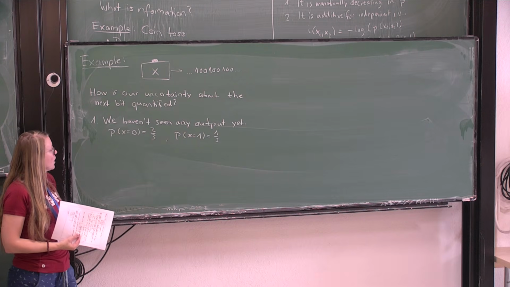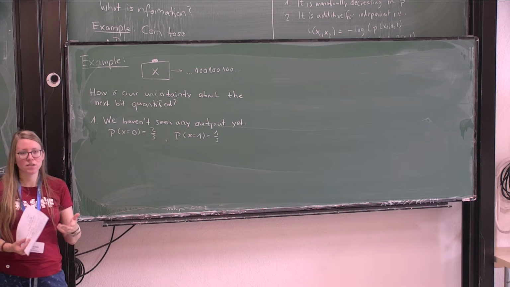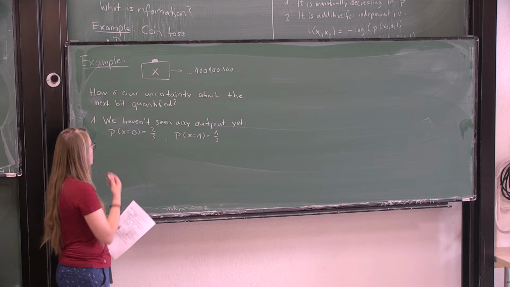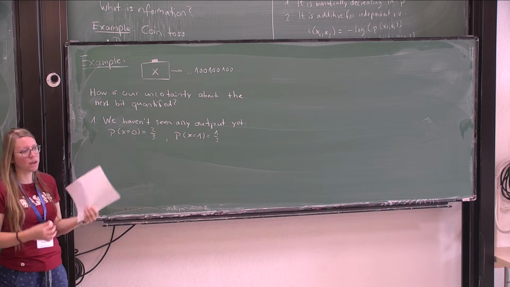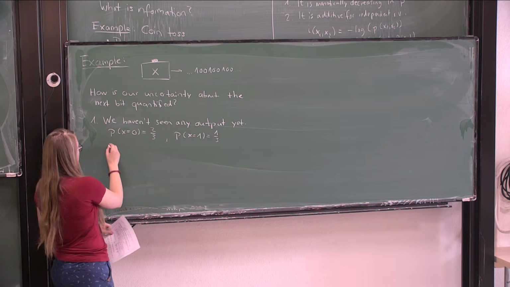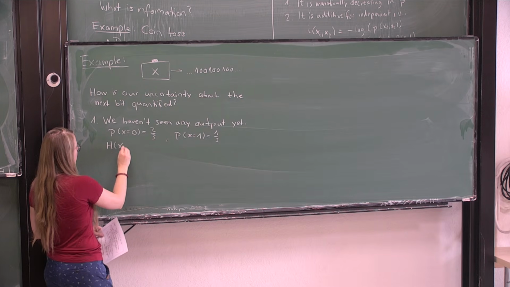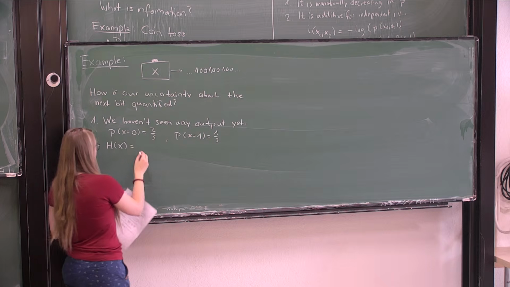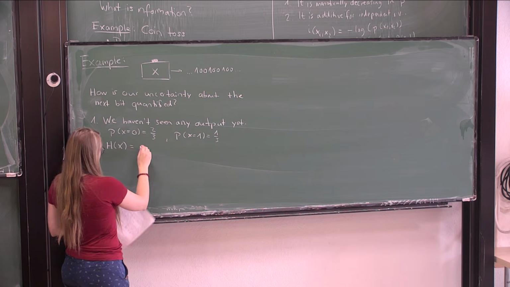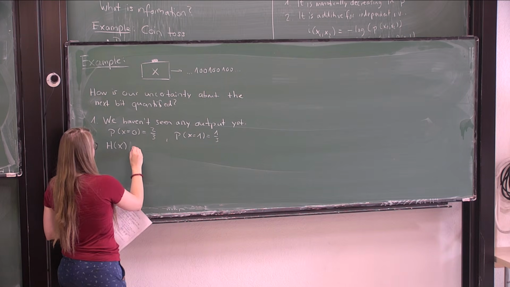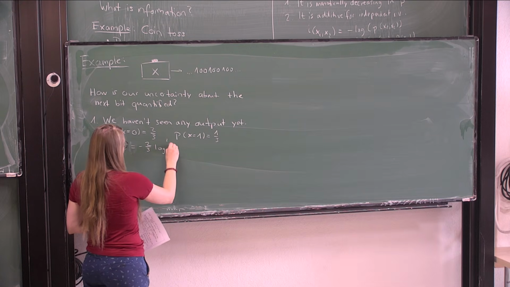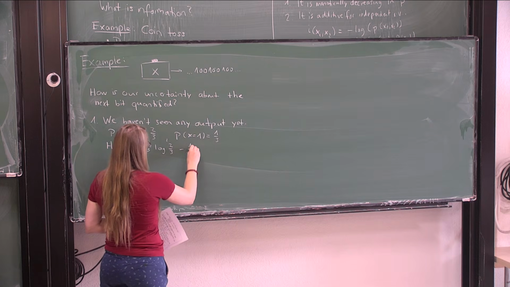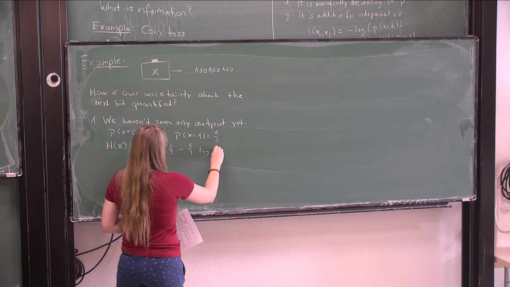And if we quantify this in terms of the Shannon entropy, how much information do we get when pressing the button and seeing 1 bit, we just have to plug in the probability distribution. If you do that, it would be minus 2 over 3 log 2 over 3 minus 1 over 3 log 1 over 3.